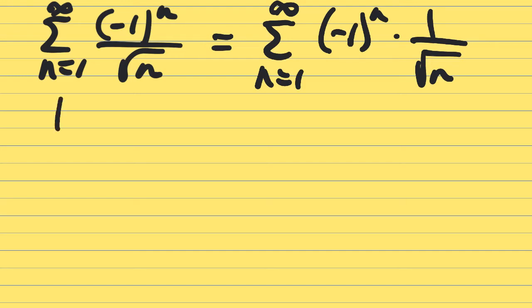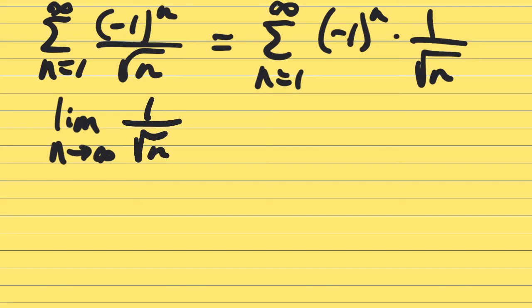So let's check its limit. Fixed numerator, growing denominator, as n gets larger and larger, what's the value of our fraction overall? That's right, 0. Good job. So step 1's met.